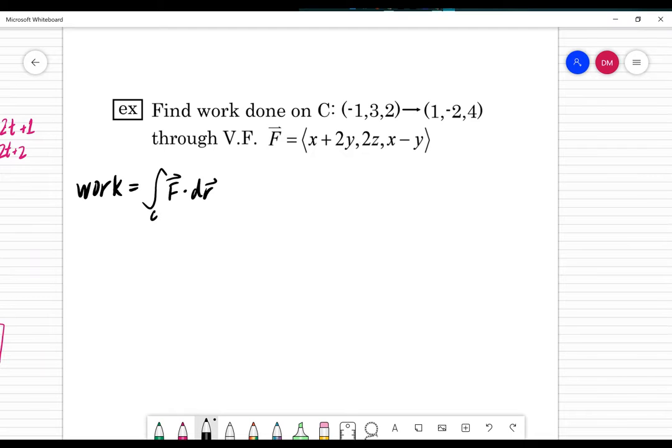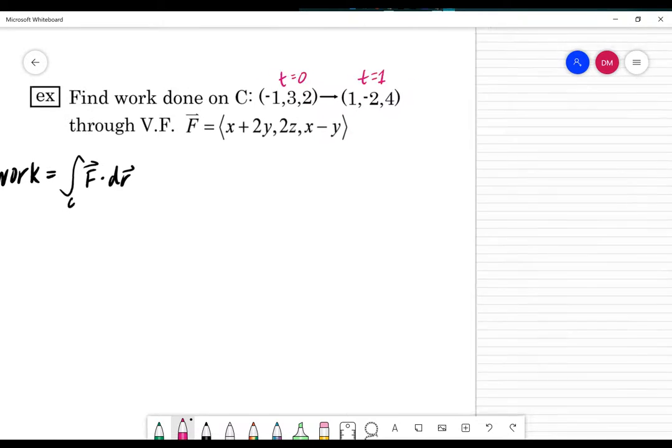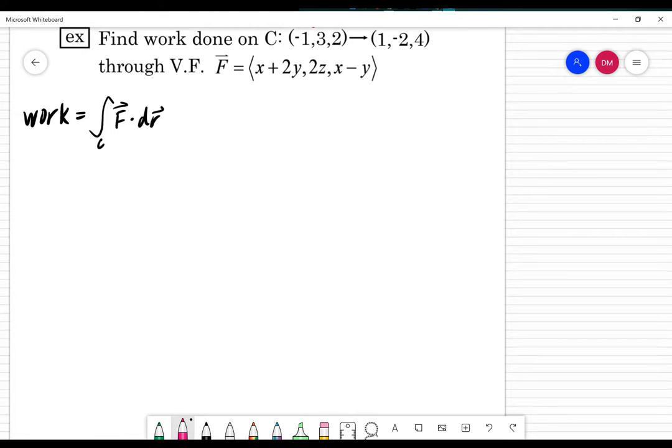So we do have f. We need to find our parametric equation in order to find r, and then go ahead and define f in terms of that same independent variable t. So let's go ahead and start with the position. We've got our segment here, so we'll call this t equals 0 and t equals 1 again. And the parametric equations, I believe I wrote this out in class, we need two things.